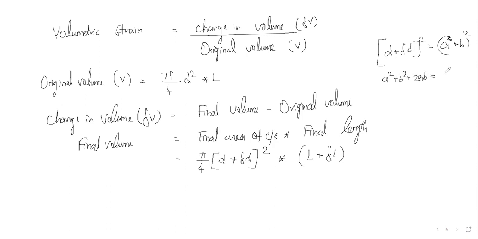Like that I'm going to expand. So pi by 4 into a squared plus b squared plus 2ab multiplied with L plus del L.